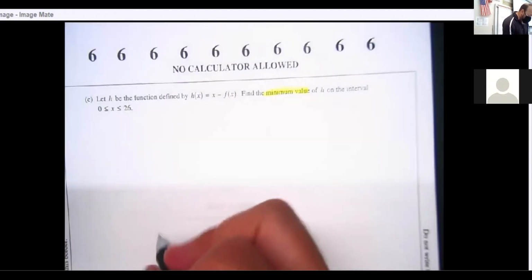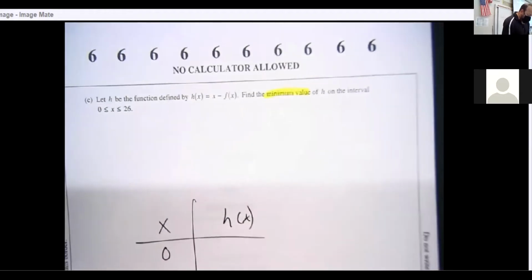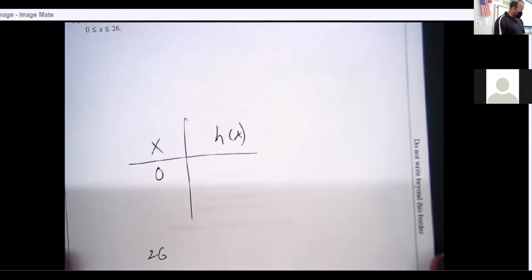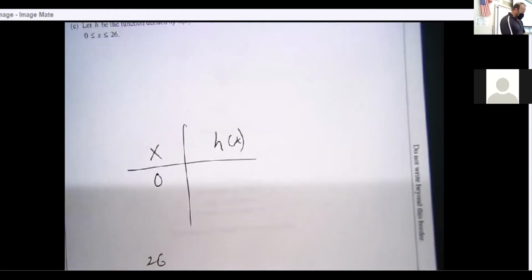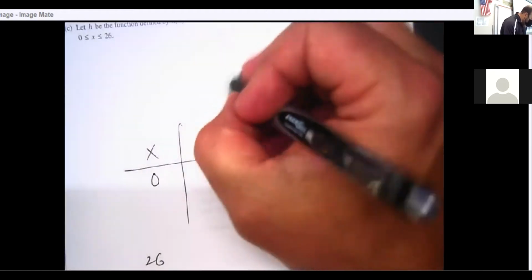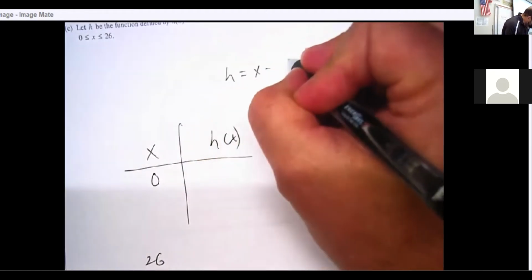So we need to figure out what is actually happening at the endpoints, 0 and 26, but we also have to find out where the derivative is 0. So at 0, what was h of x? Well, I need to go back and look at what the original problem was. So if h is x minus f.